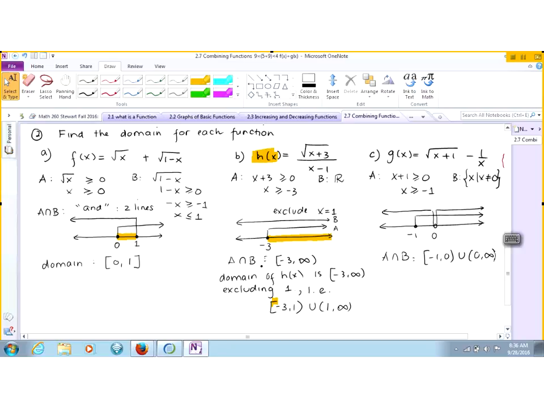Look at this. Why is A intersection B in part B and A intersection B in part C different? Do you see how I treat this differently? Why is B here? What is the domain of x minus 1? It is all real numbers. Why can't I just say it's all real numbers except for 1?